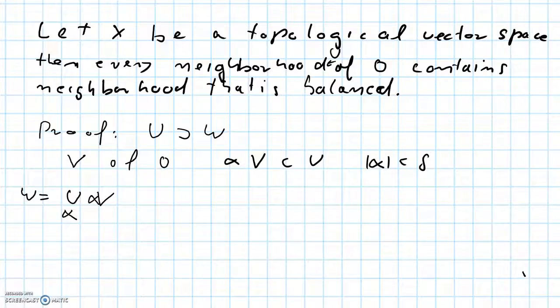Remember to say that W is balanced means that A times W has to lie in W for every scalar A which has absolute value less than or equal to 1.